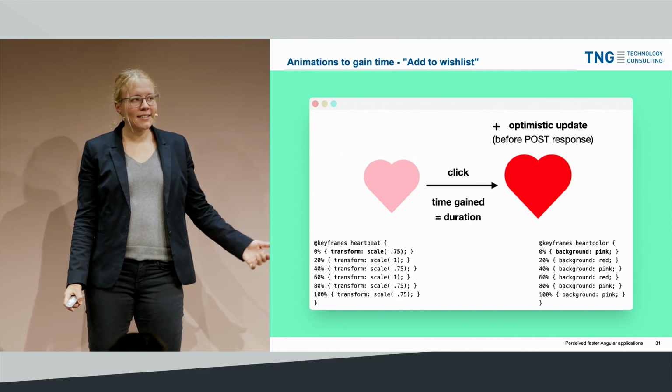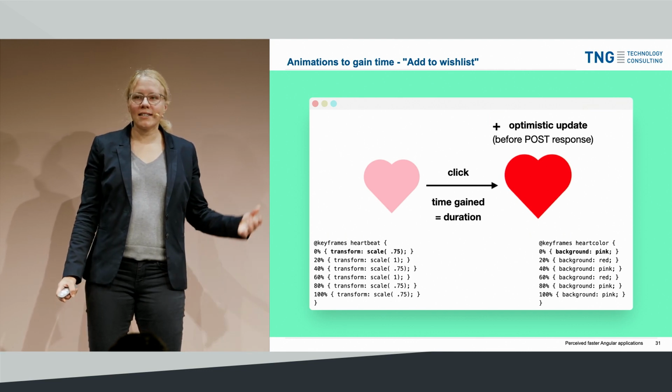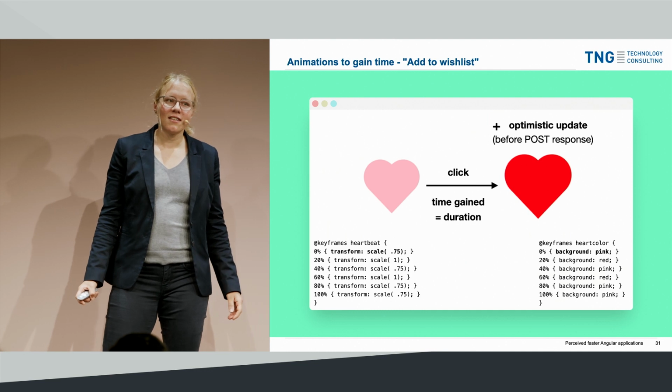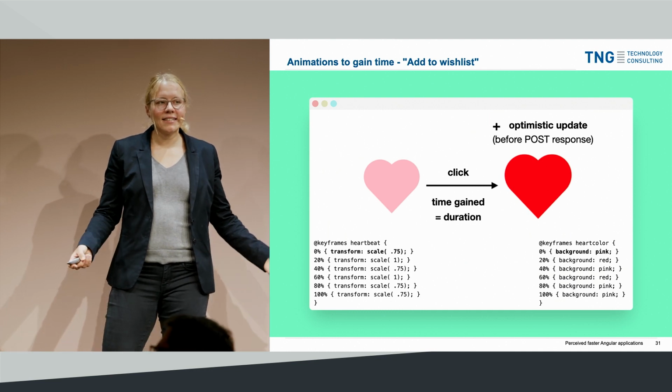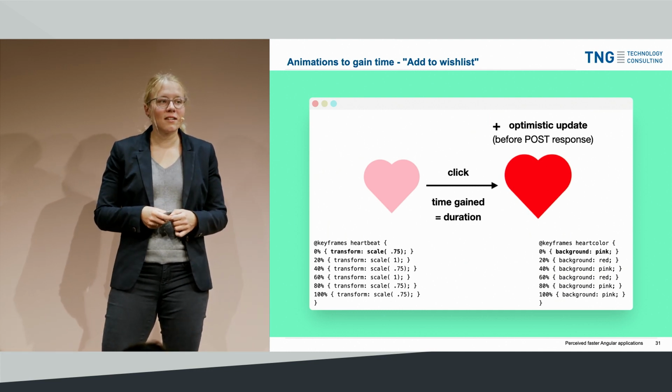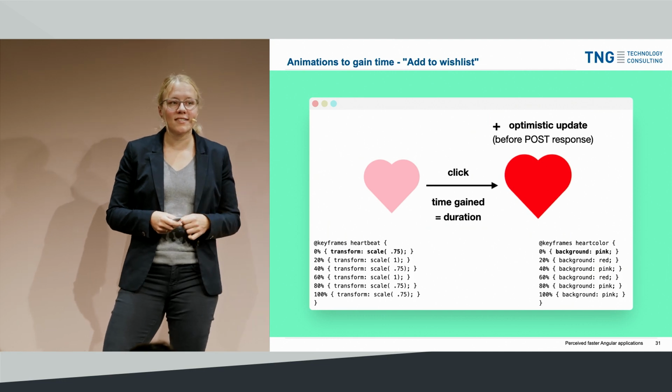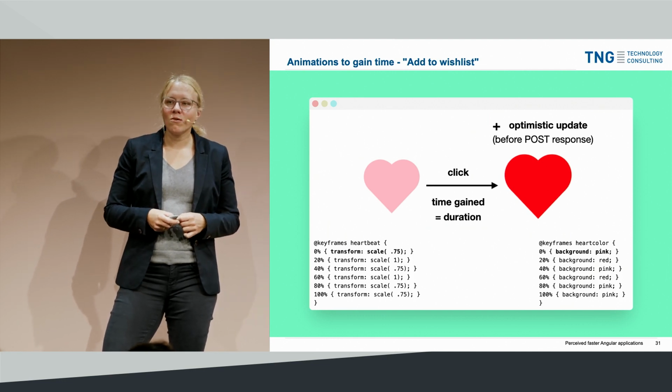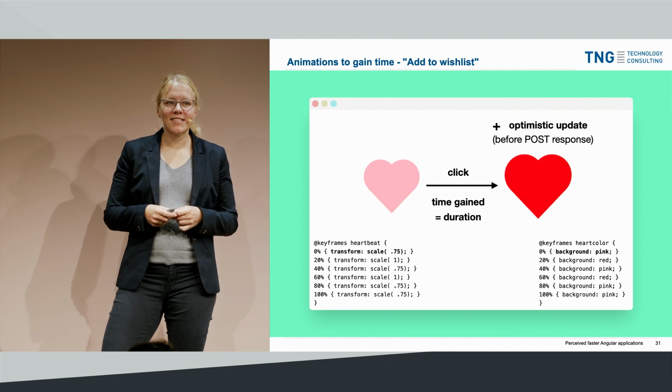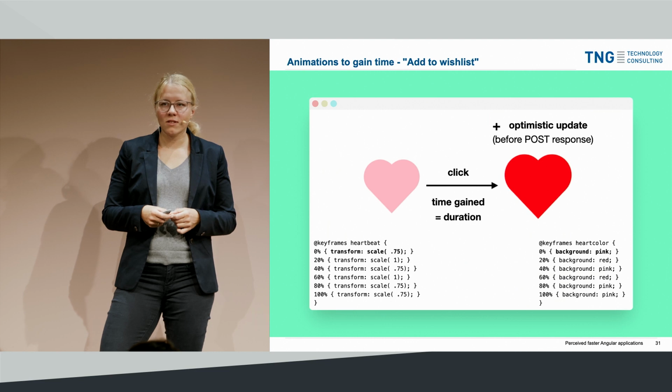But in many cases, when the backend is slow, when we might get a late response, maybe in the case of just saving a setting to the database for this wishlist entry, we might know in 99% of the cases or even more, this update will work. So the save in the database will happen.